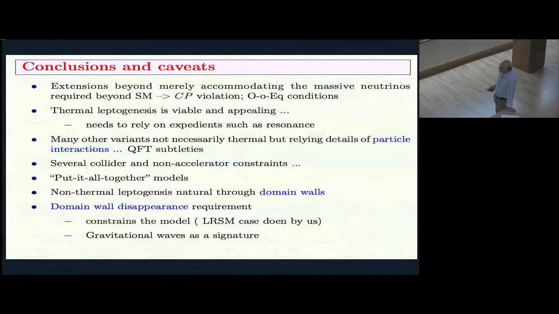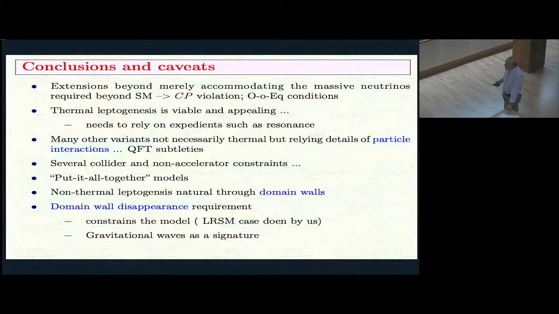Many other variants of this resonant version are not necessarily thermal. So although I call this thermal, there are other models which have non-thermal versions, which don't rely on thermal equilibrium having been achieved and competition with other phenomena and so on, but they nevertheless play out relying on CP violation for resonance. But they all rely on particle interactions in detail, and they enter into QFT subtleties.